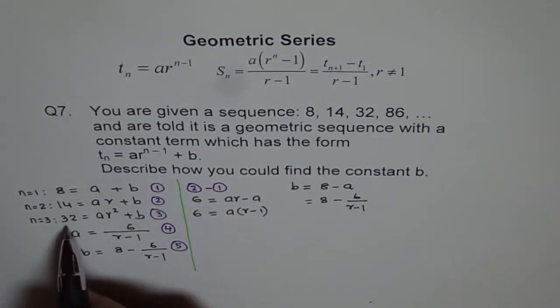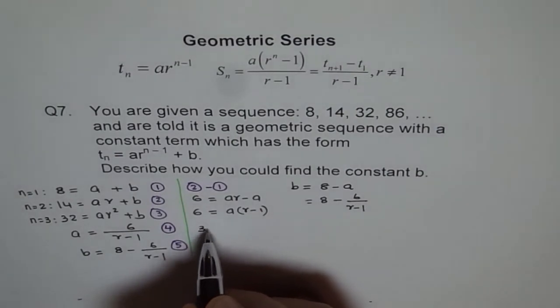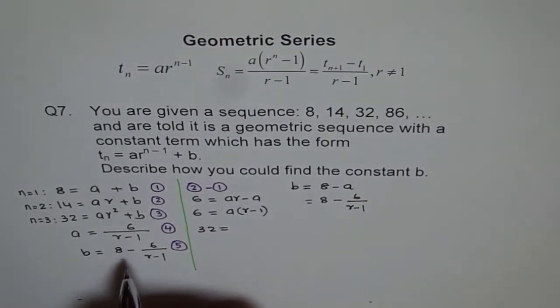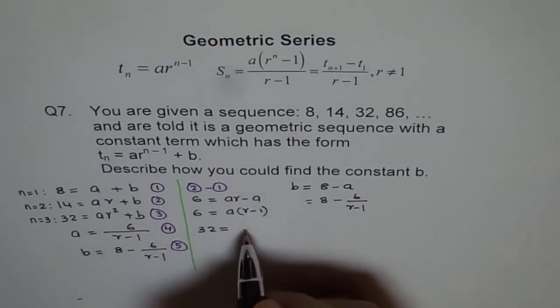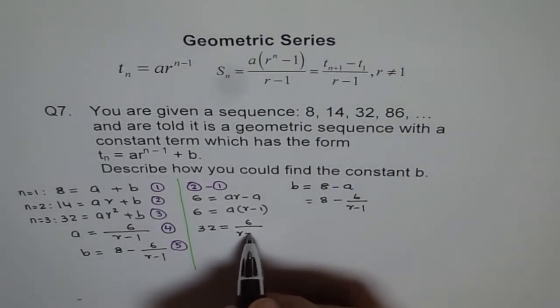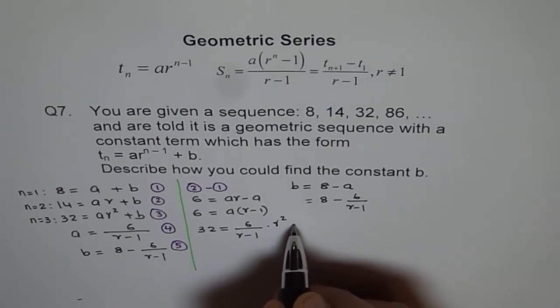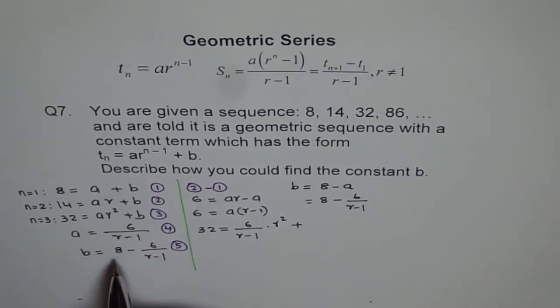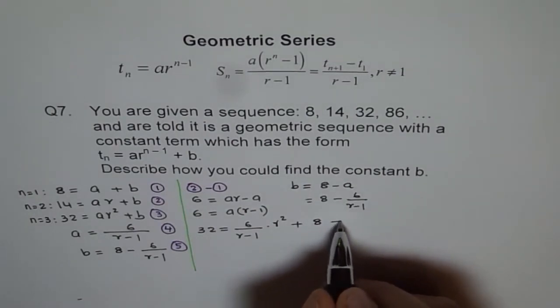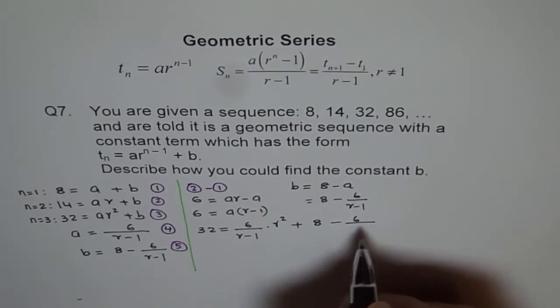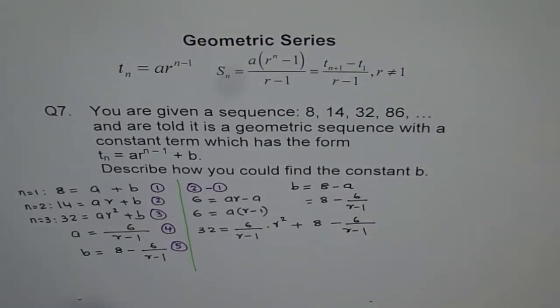So now in equation number 3 we say 32 equals, instead of R, I'll write 6 over R minus 1, that is A, and then R square plus B. Now B is 8 minus 6 over R minus 1.